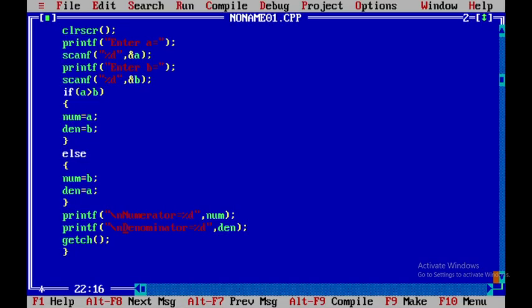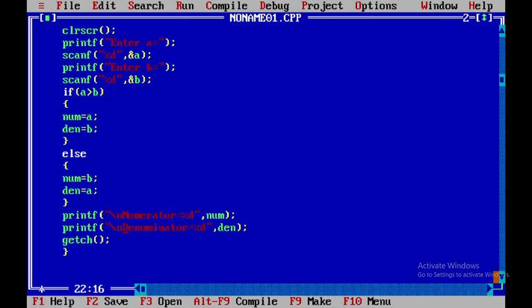Now if we run, so if we enter here 6 and b is 8, now here b is greater than a, so numerator is 8 and denominator is 6. Now if we enter a is larger, say 8 and 5, so the numerator is 8 and denominator is 5. So numerator always takes the largest value and denominator the smallest value. Now I am going to delete this.